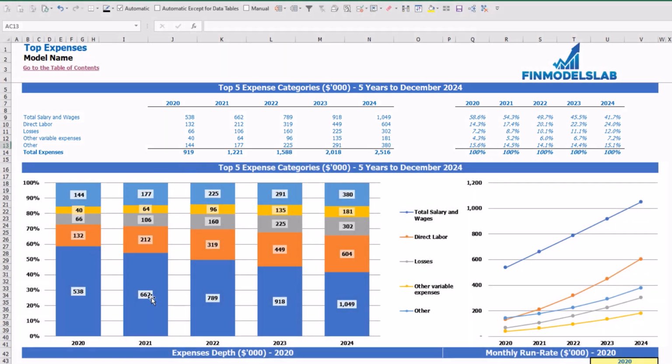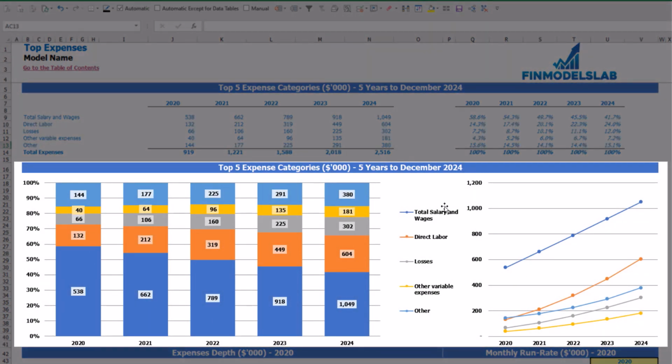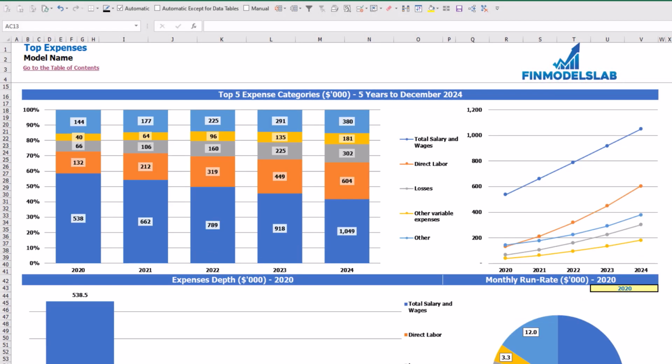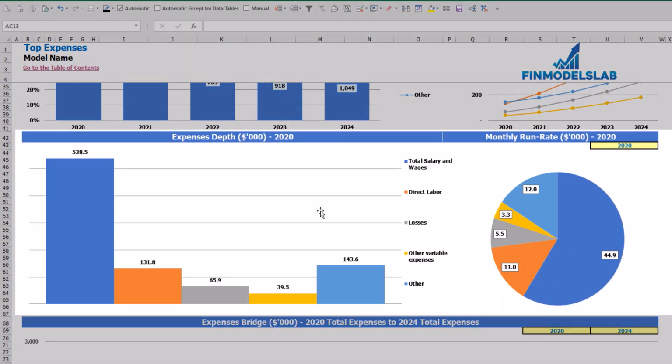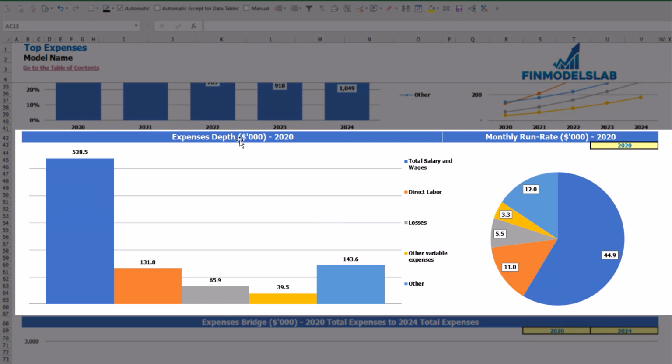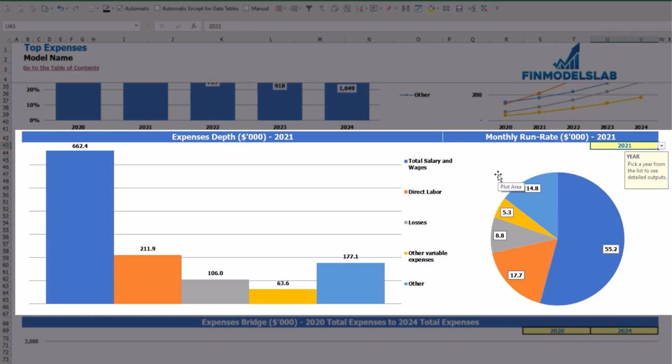The same information you may see on the charts below, where you may find the percentage breakdown and the absolute values breakdown. On the couple of charts below you may find expenses depth and monthly run rate for selected year. You're able to change this year, and you may see the absolute values and percentage breakdown on the pie chart.